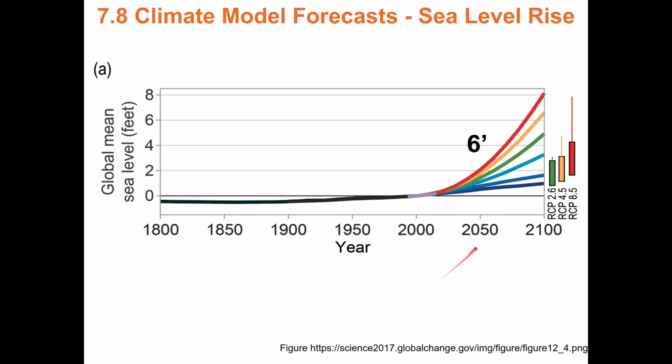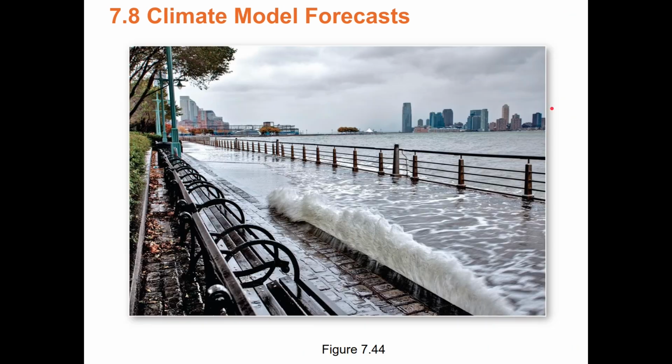We're looking at about 6 feet of sea level rise by 2100. This is New York City after Hurricane Sandy. This is just the ocean. New York is spending about $2 billion on hurricane-proofing the city, to increase the height of walls, to flood-proof the subways. It would have been way cheaper if we had just stopped using fossil fuels, but we didn't.